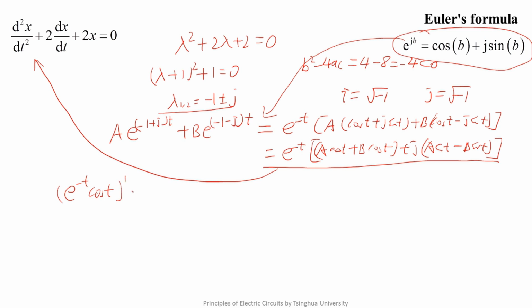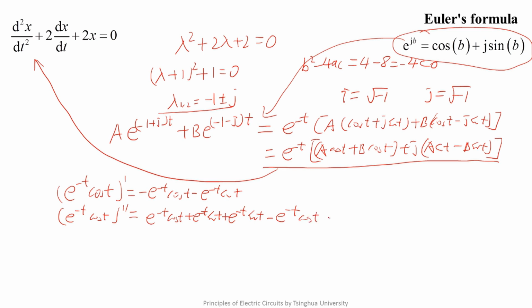Now let's verify it. Is e to the power of minus t times cosine t a solution of the equation? We find its derivation. It is equal to minus e to the power of minus t times cosine t minus e to the power of minus t times sine t. Its second derivation can be written as e to the power of minus t times cosine t plus e to the power of minus t times sine t plus e to the power of minus t times sine t minus e to the power of minus t times cosine t.